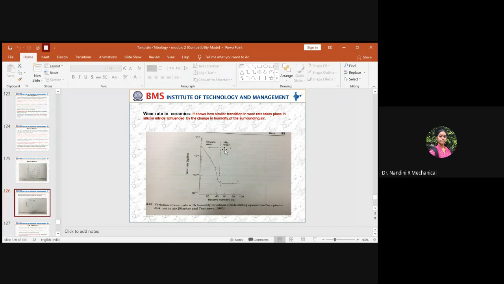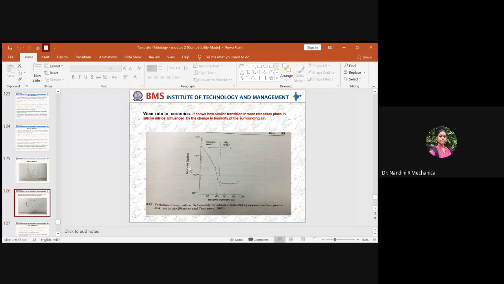Once past this transition range, if the humidity is around 60%, 80%, 100%, you have the mild wear. That shows the mild values. When the humidity is around 20% or 40%, you can see that the amount of wear is severely high.